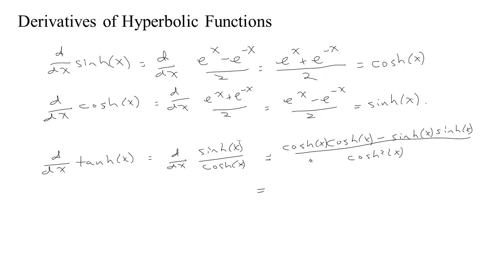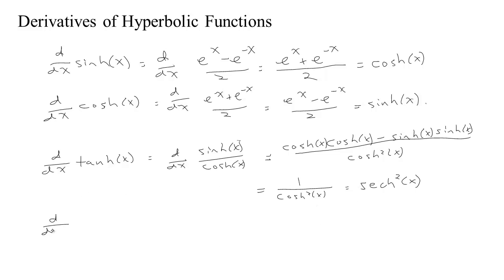But we just showed that cosine squared minus sine squared is 1, so we have 1 over cosine squared, and 1 over the cosine is the secant, so this is the secant squared. So the derivative of the tangent is the secant squared.